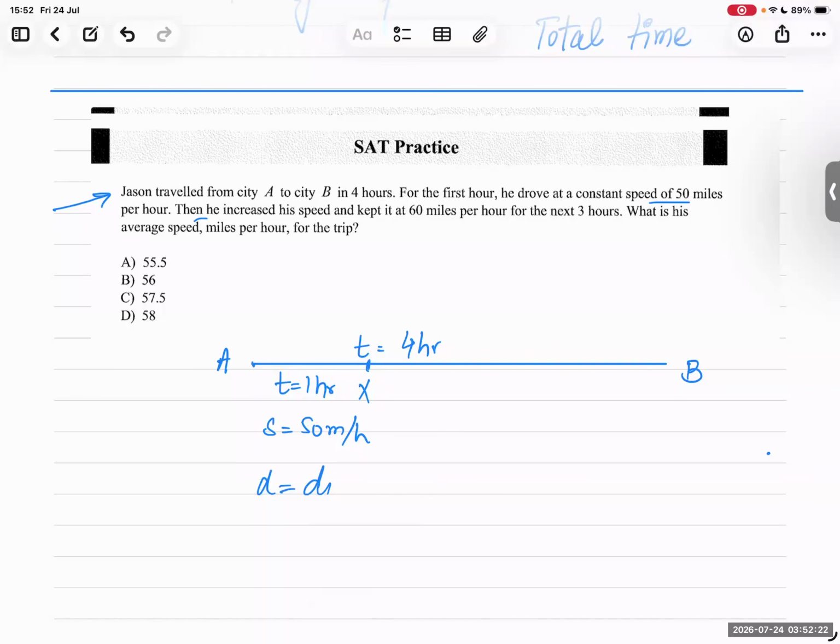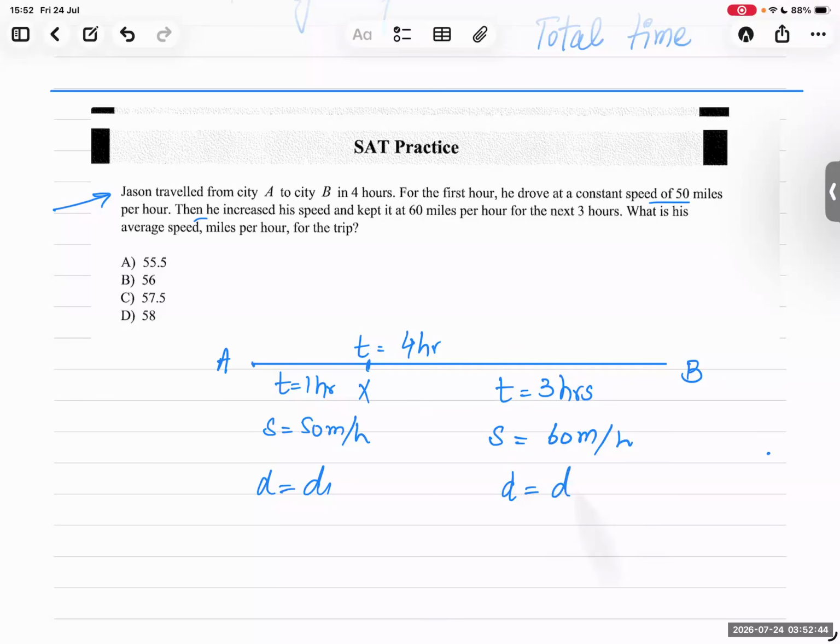Then he increased his speed and kept it at 60 miles per hour for the next 3 hours. What is the average speed, in miles per hour, for the trip?